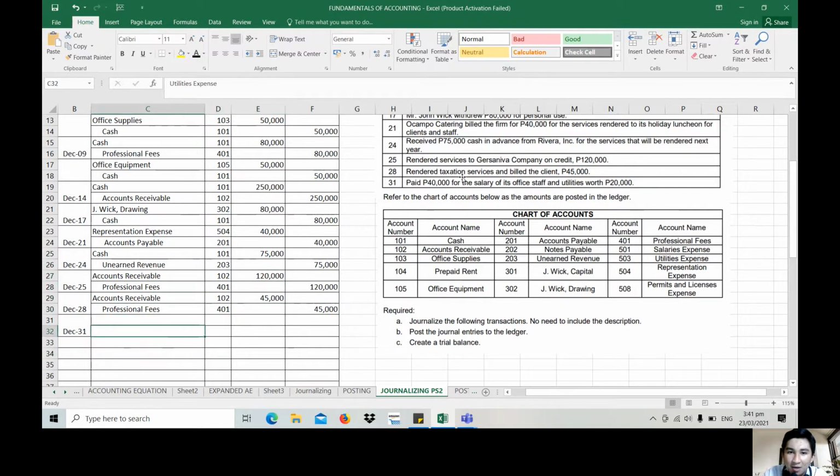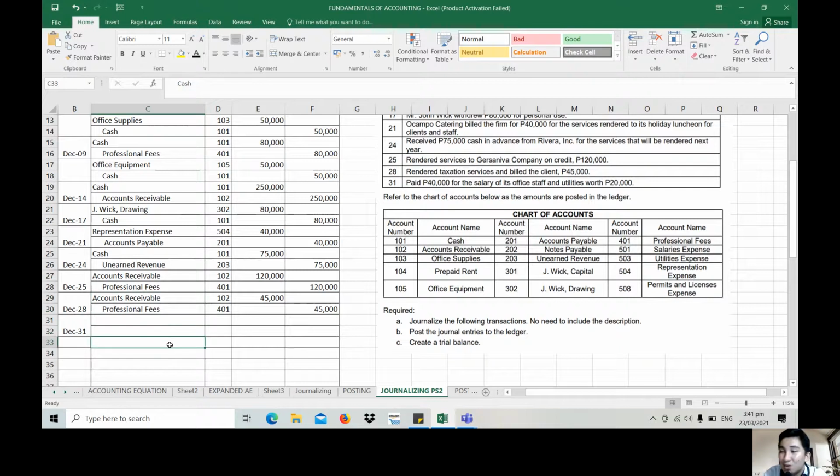Ayan. On December 31, paid 40,000 for the salary of its office staff and utilities worth 20,000. So dalawang binayaran natin, salaries at saka utilities. In here, pwede tayong mag-compound entry actually. So ito, dahil may one debit and one credit tayo, single entry ito.